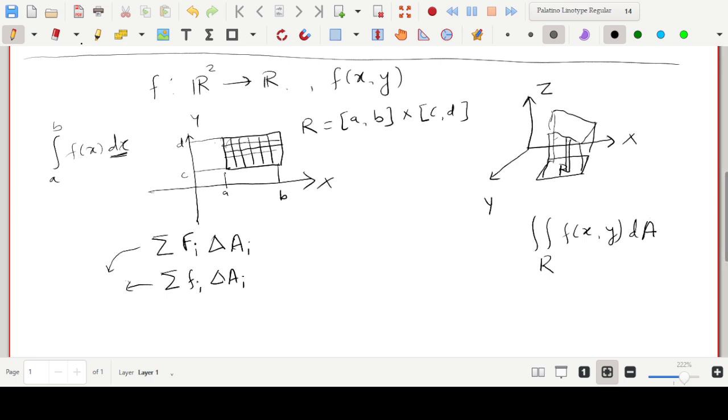If the limits of both sums are the same, then we say that the integral exists, and we denote it as the integral over R of f of x comma y dA. Why do we call it dA? Because we have just transported this symbol delta AI over here and called it dA. This denotes area, just notation-wise.